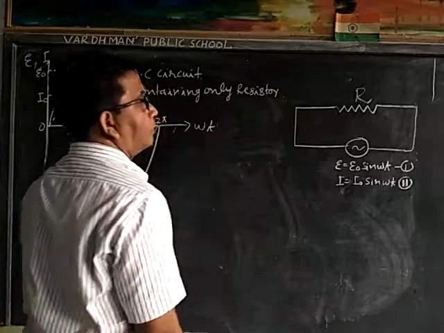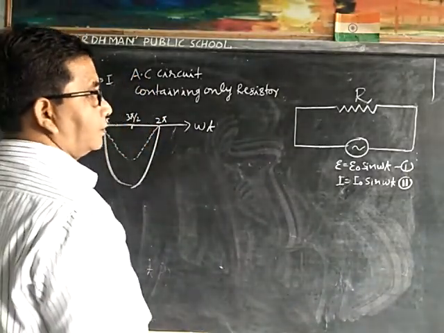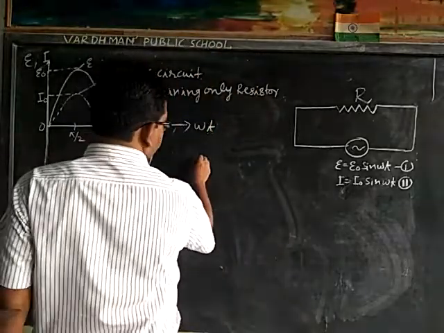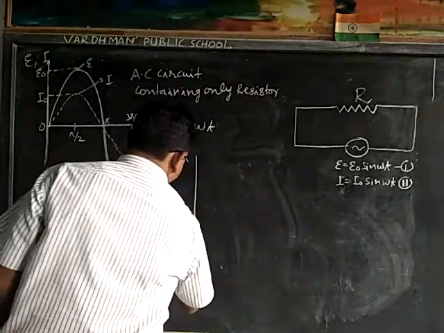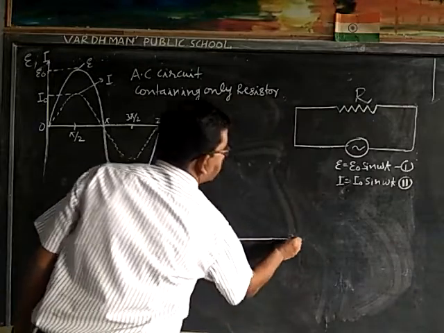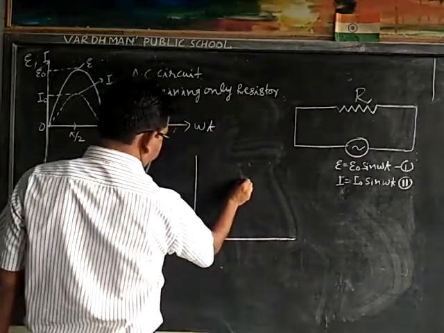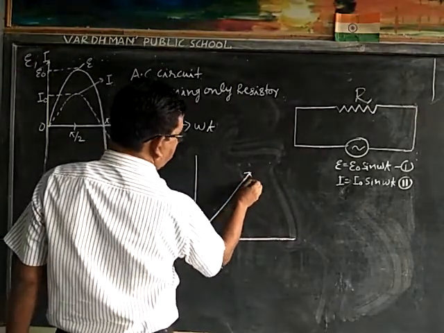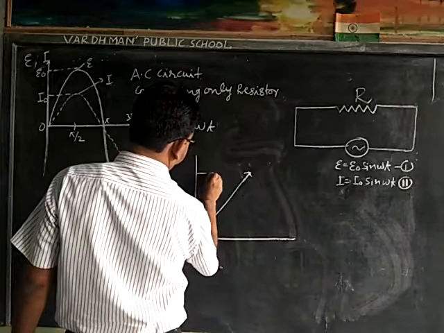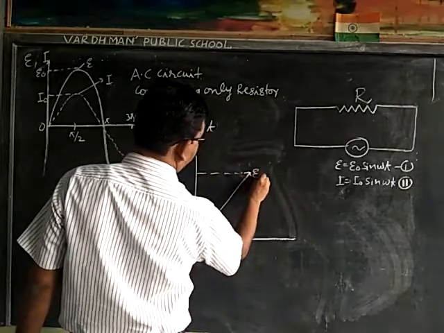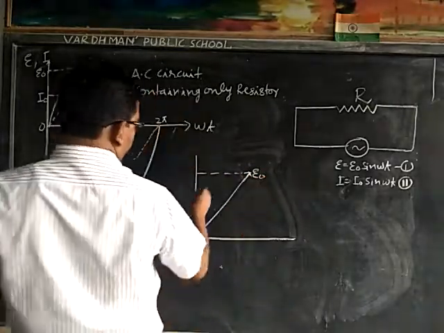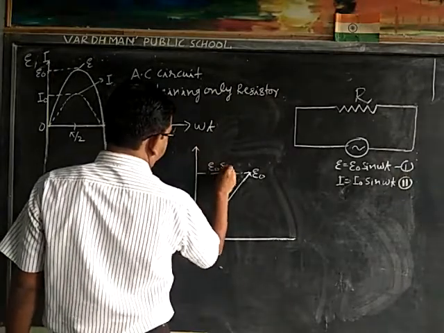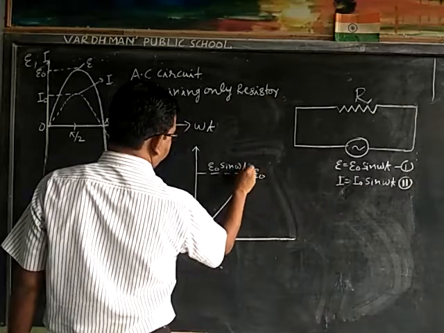Now we draw the phasor diagram for a resistive AC circuit. This is E0, E0 sin omega t.